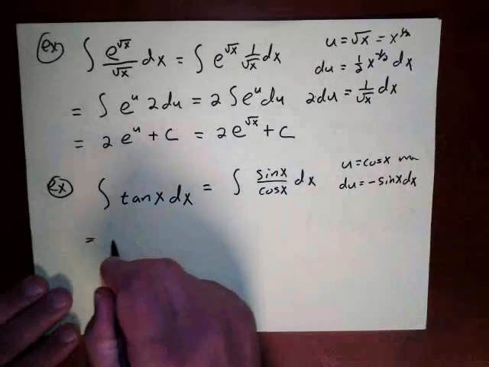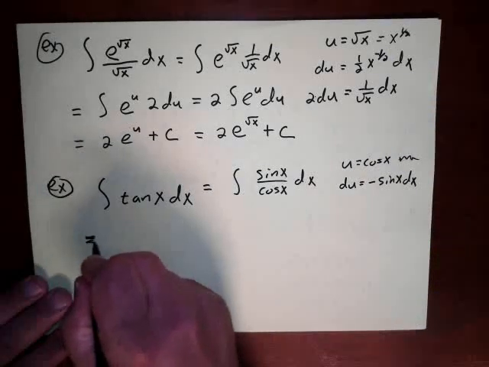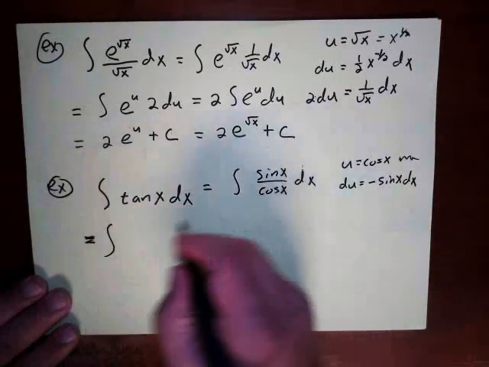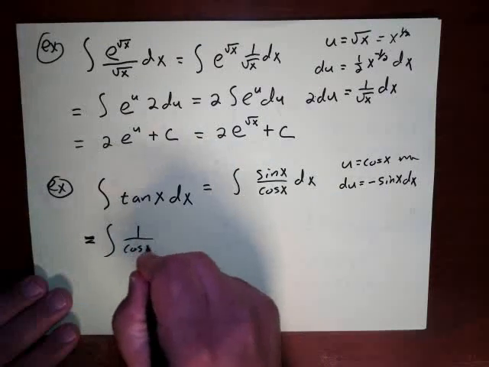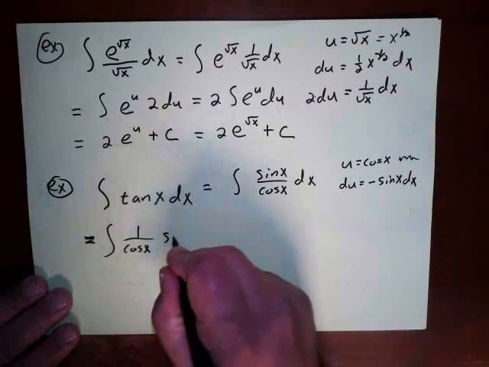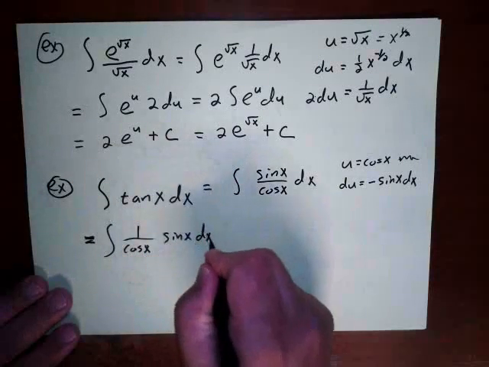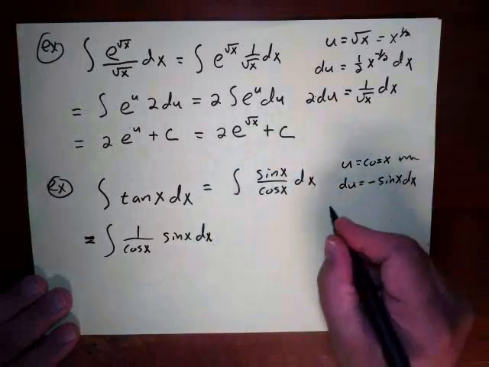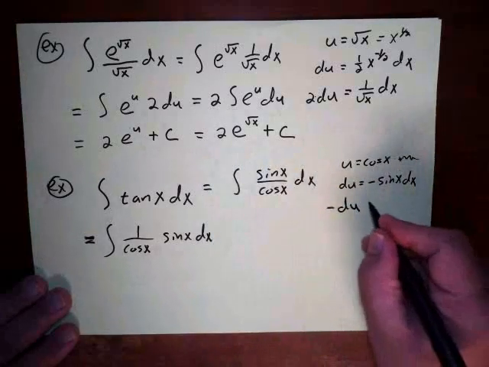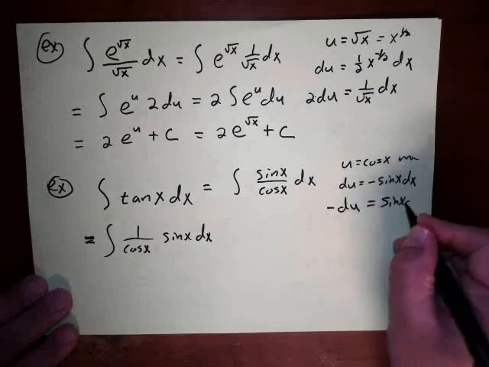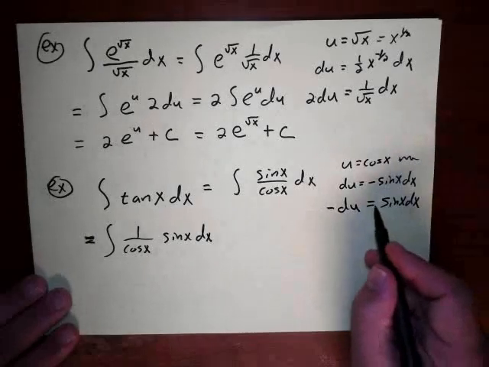And if I rewrote this, it would become maybe a little more obvious here that this is like 1 over the cosine of x, and then I get sine of x dx. So I got that negative sign, so let me bring it over here. Negative du is equal to sine x dx, and there you go.